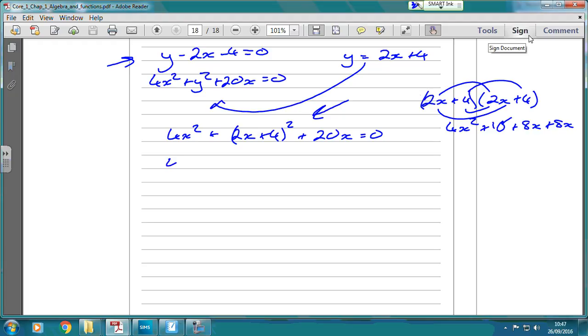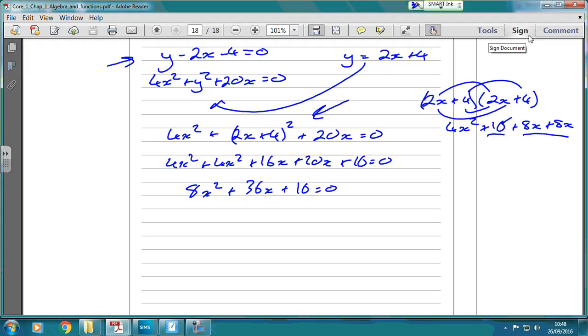So it's going to be 4x squared plus 4x squared, plus 16x plus 20x plus 16 equals 0. Simplifying that, we've got 8x squared plus 36x plus 16 equals 0.